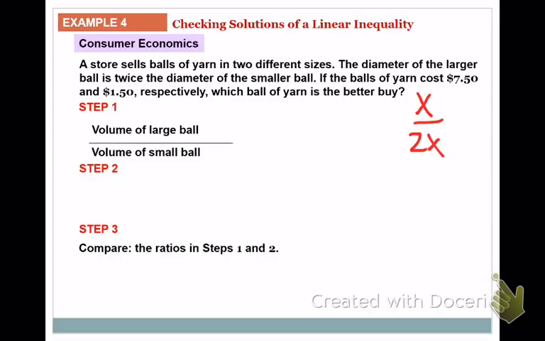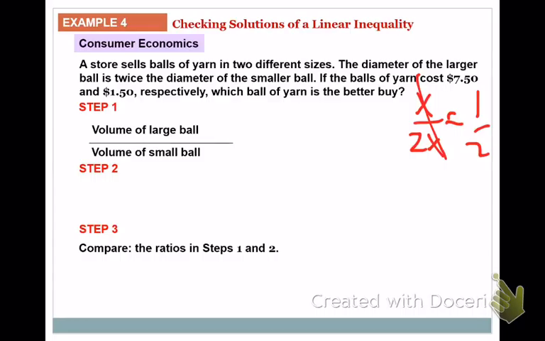I can simplify that though. What can I simplify x over 2x to? We can get rid of the x's. It's a 1 to 2 ratio, right? You can even bypass this. If the diameter is twice the other one, we could just say it's 1 to 2. So the scale factor is 1 to 2.